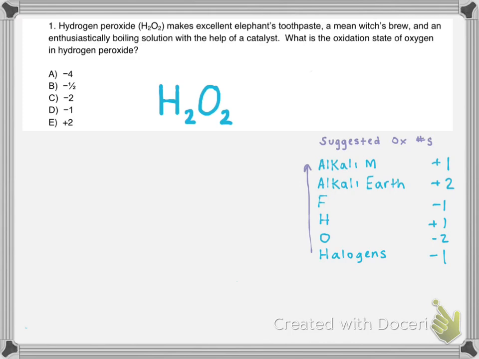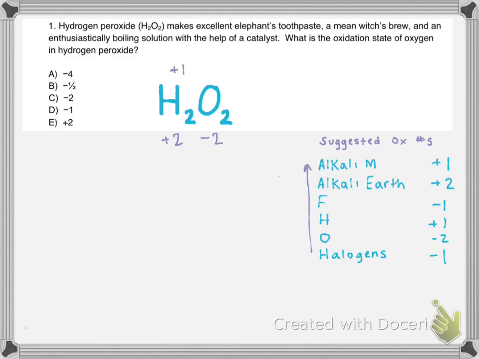So when I have a molecule that I'm going to assign for, I'm going to look at the atoms there. So I have hydrogen and oxygen. And I'm going to start with whichever one's higher on this list. So I'm going to start with hydrogen and give it its +1. I have 2 hydrogens overall, so this will be an overall +2 contribution from the hydrogen. The molecule's neutral, so I need the oxygens to contribute an overall -2.